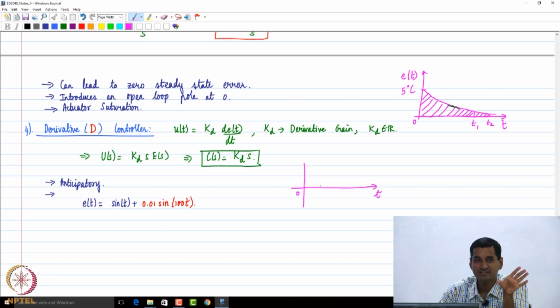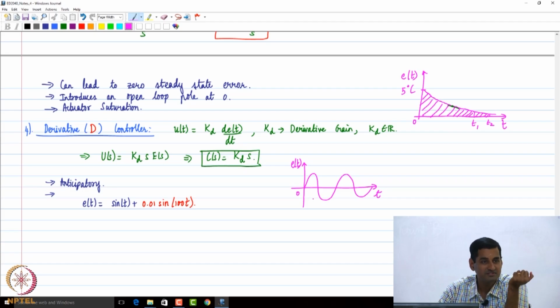This is a notional example to convey the issues with derivative control. My error essentially oscillates as sin t, but what is sin 100t? It is high frequency noise.